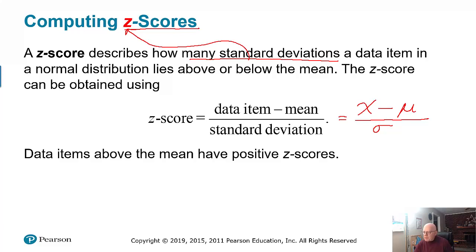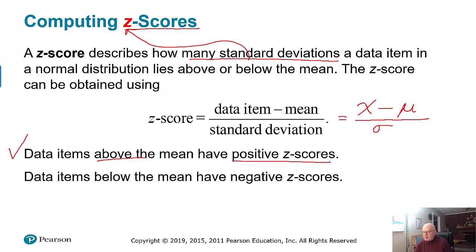A good thing to keep in mind is that data items above the mean have positive z-scores. Data items below the mean have negative z-scores. So if you go back to a picture again, this is where you have a z of 0 because it's not above or below the mean.